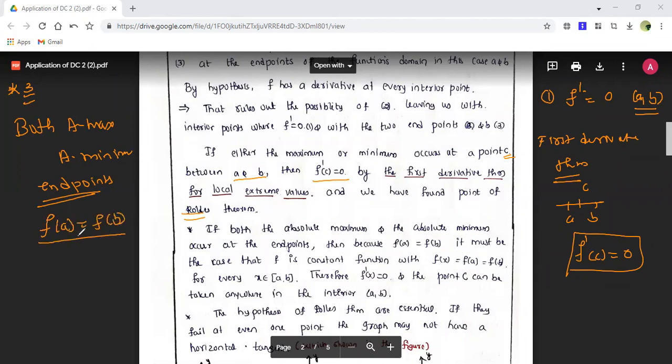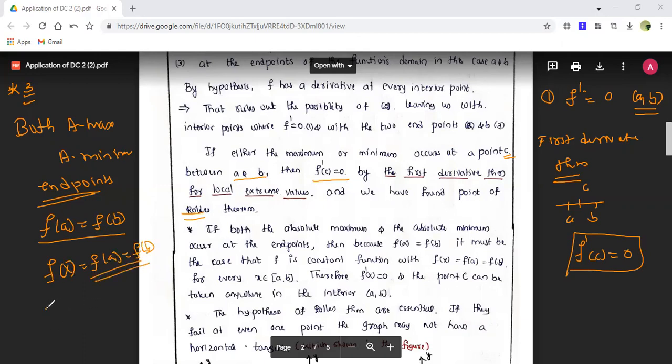This is also one of the conditions. If f of a is equal to f of b, what does it mean? Your function f of x is equal to f of a, which is equal to f of b, so it is a constant function.